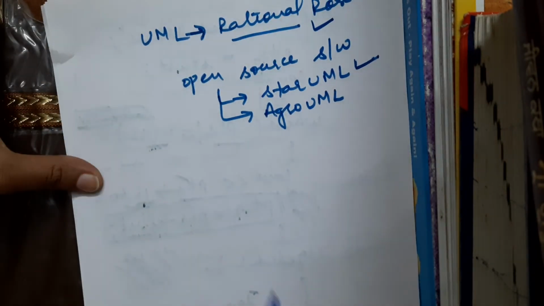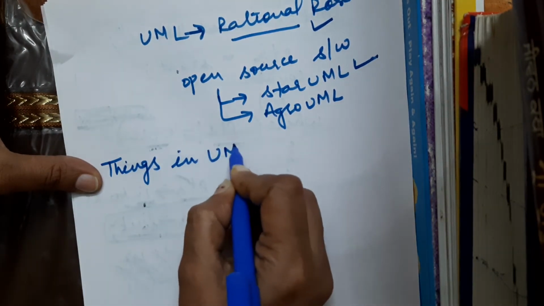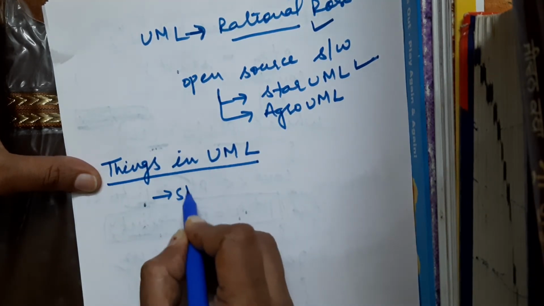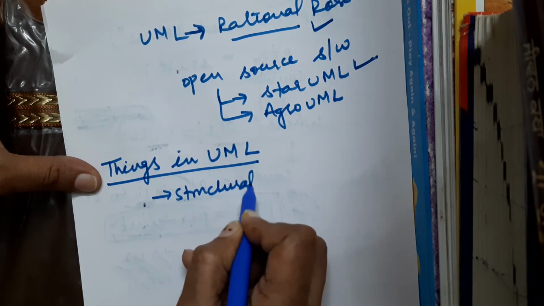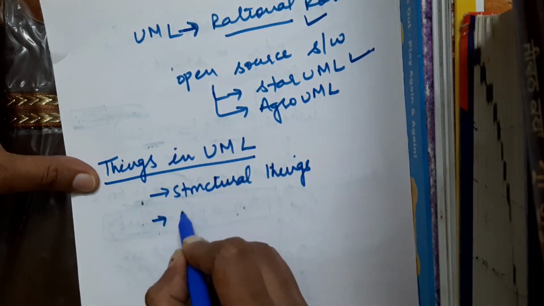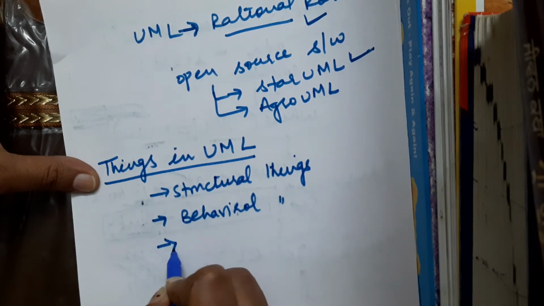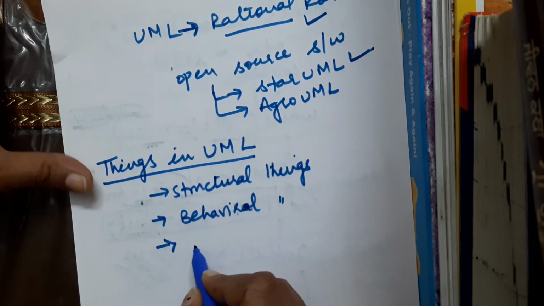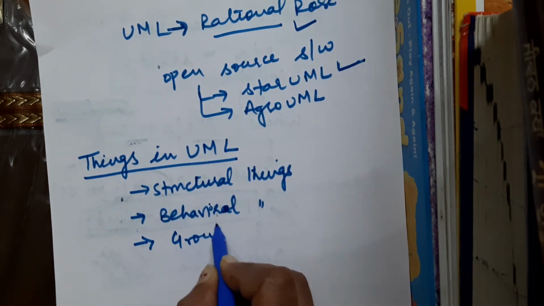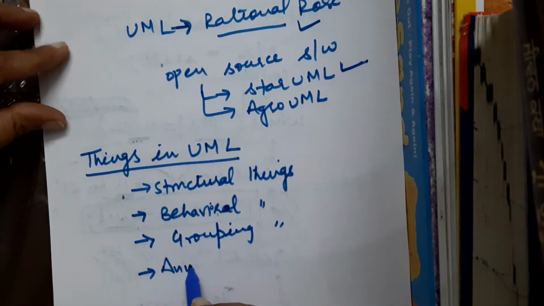Now we will discuss what are the things that are available in UML. Under things we have structural things, then we have behavioral things, then we have grouping things, and in the last we have annotational.